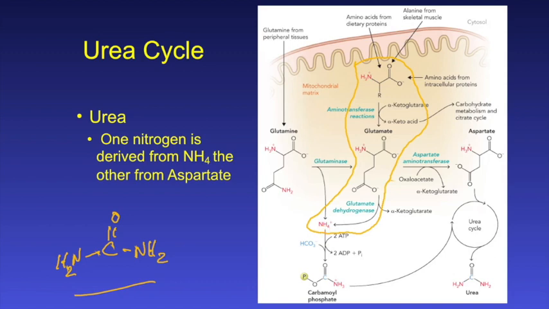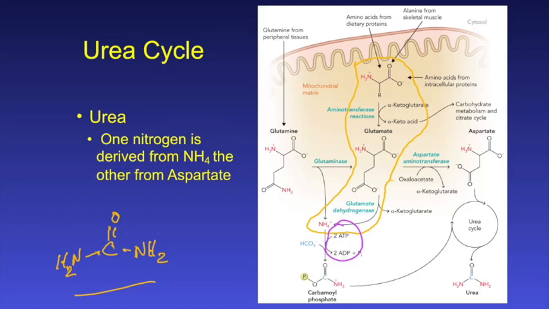Okay? Before it can get to the urea cycle, the ammonium must react with bicarbonate, which is dissolved and reacted with water, CO2. But check this out. That's costly. 2 ATPs are needed to get this into the activated form called carbamylyl phosphate.